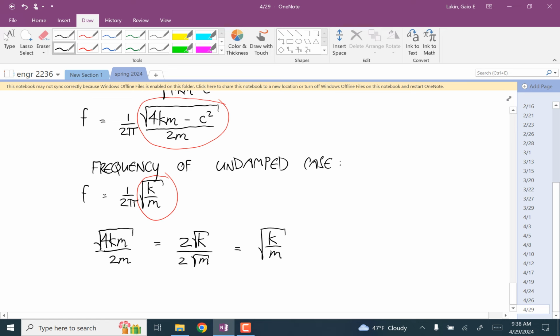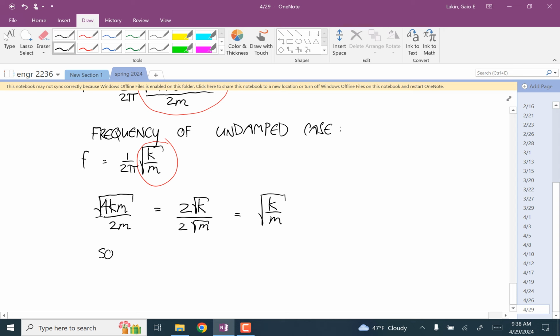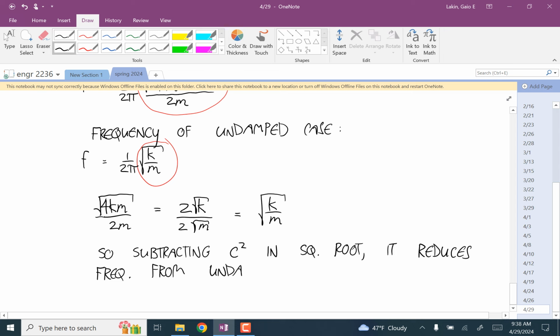So when we subtract this c squared inside that square root, it just simply reduces the frequency from the undamped case. Okay? Any questions about that?